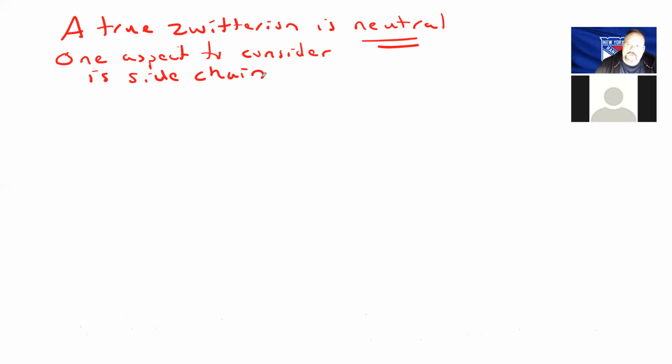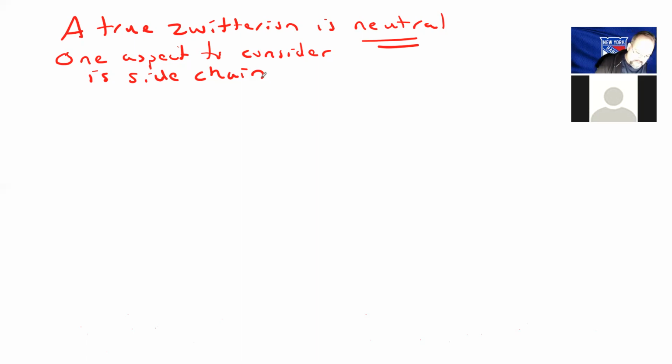Okay, so now we're just focusing on the side chain. If you have a Zwitter ion, no matter what type of amino acid it is, that side chain has to be neutral.